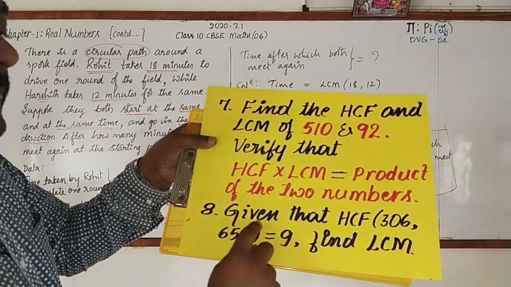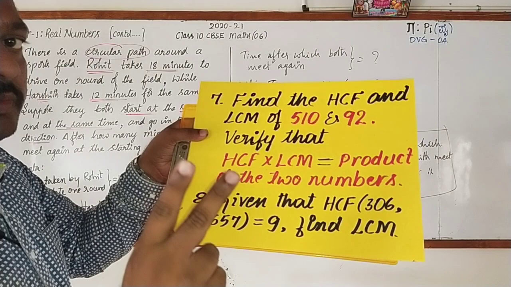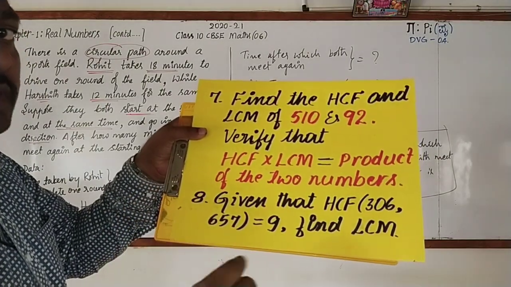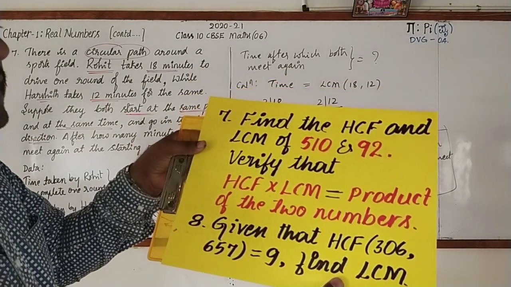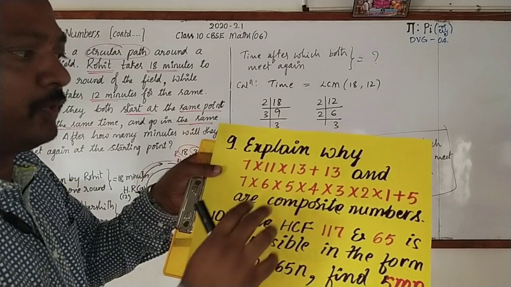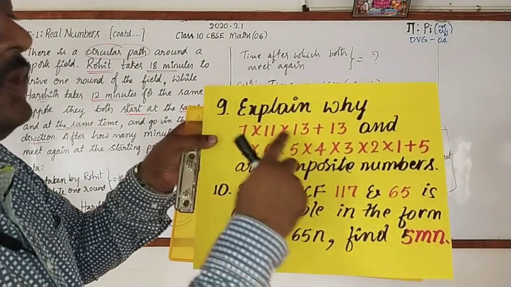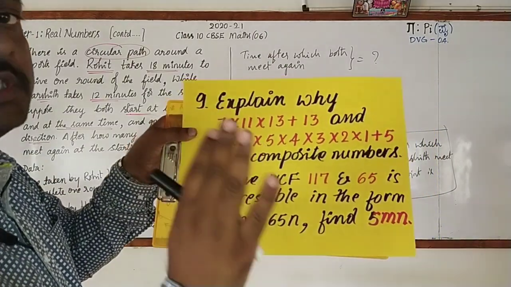And one more: when two numbers with their HCF or LCM are known, you can find out another term by using this statement. One such problem is there and that has already been solved today. Very important one. Then we came to know how to say whether the given numbers are composite or not.